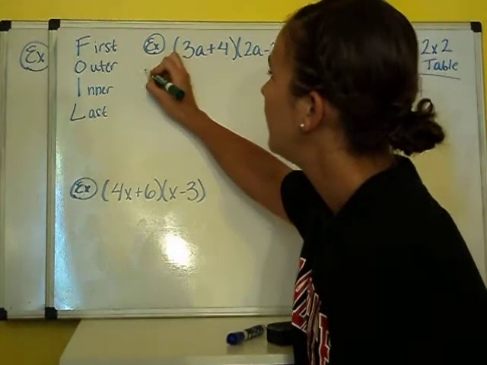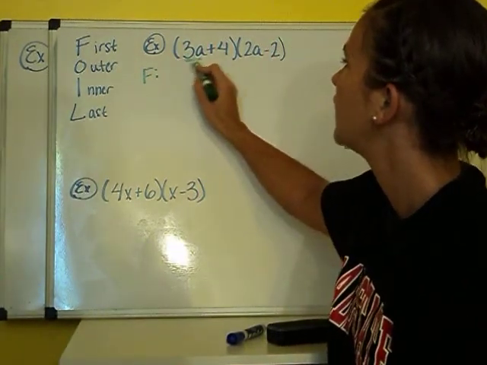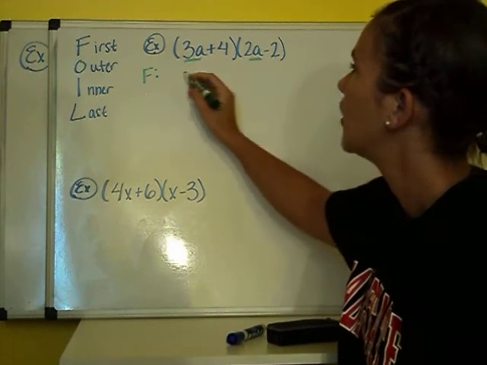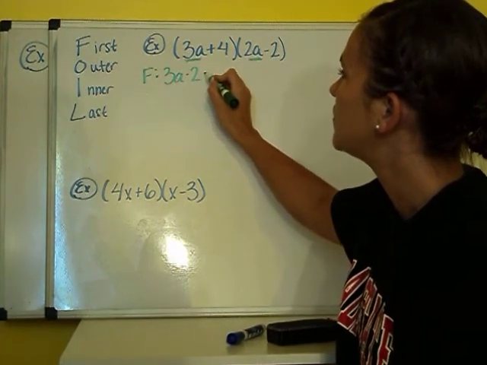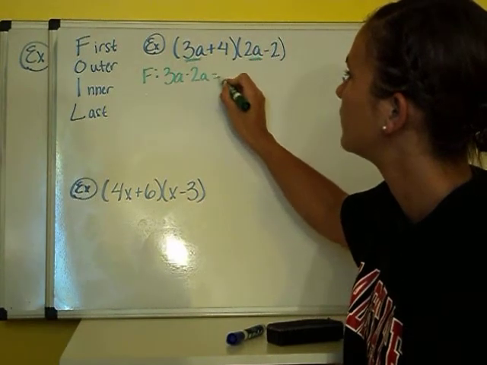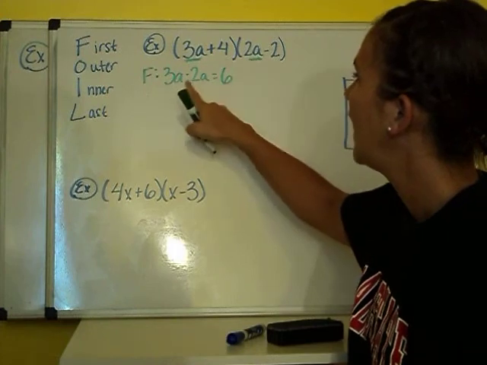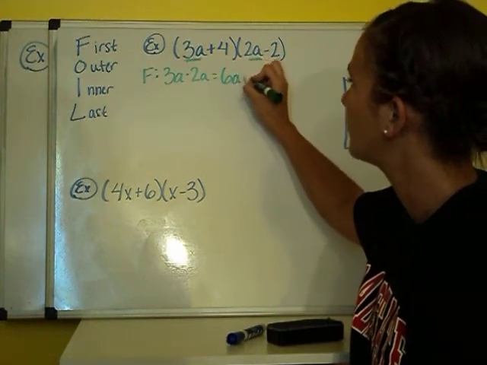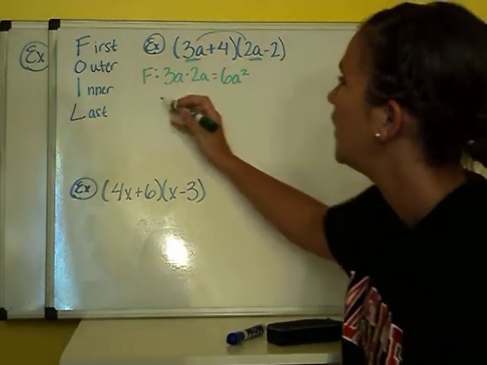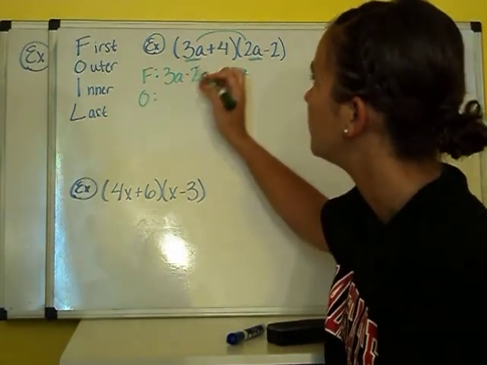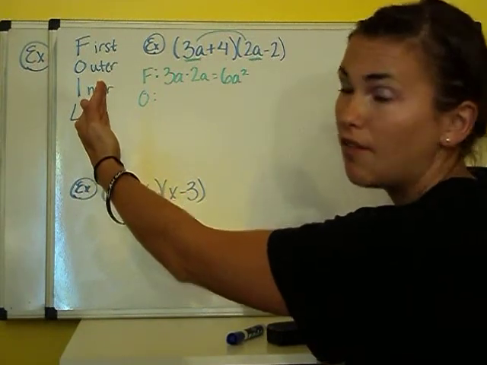With our F, we're going to take our first terms in both parentheses. So we're going to have 3a times 2a. So 3 times 2 is 6. A times a is a squared. That's right there. Then our O is our outer term. So we're going to take the outermost terms of the problem.